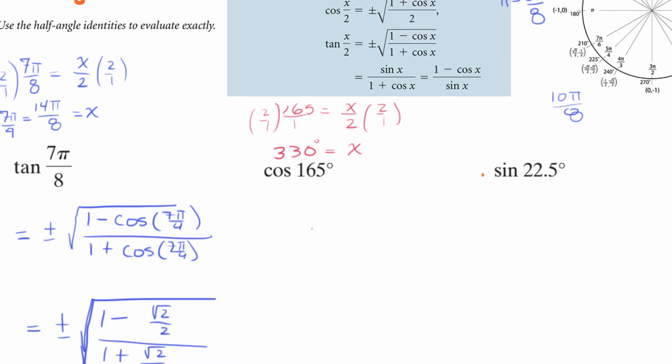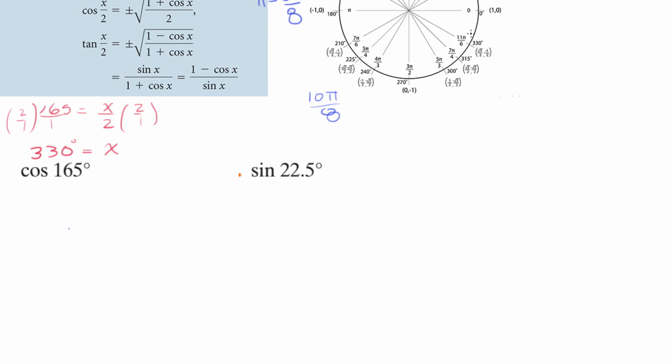Now, 330 is the same thing as 11 pi over 6. Okay, so cosine of 330 is radical 3 over 2.